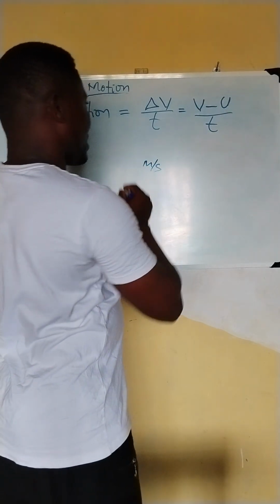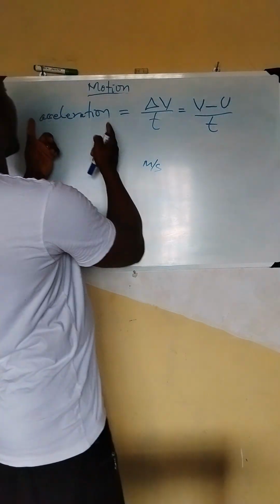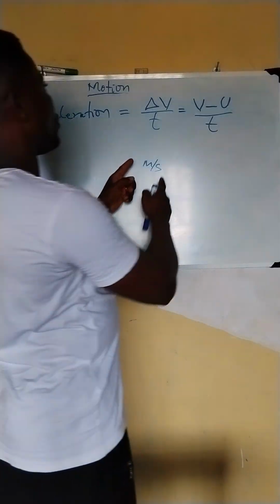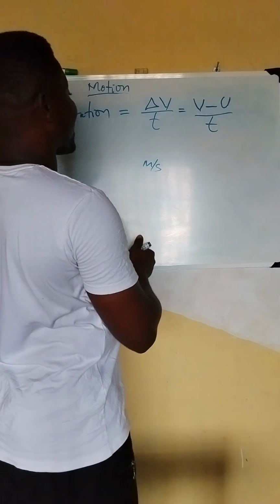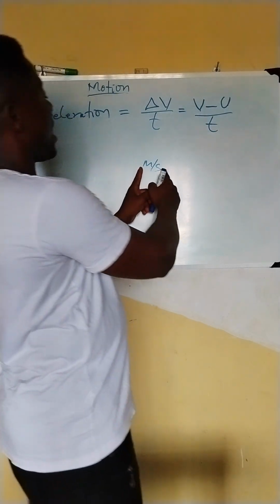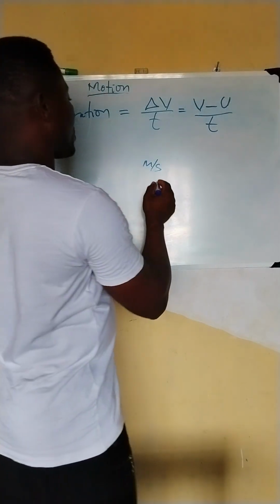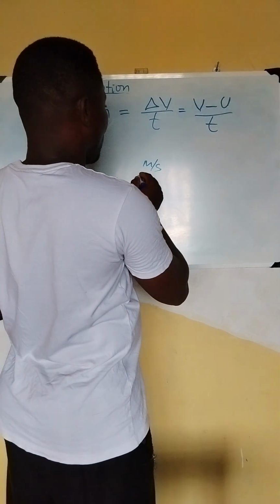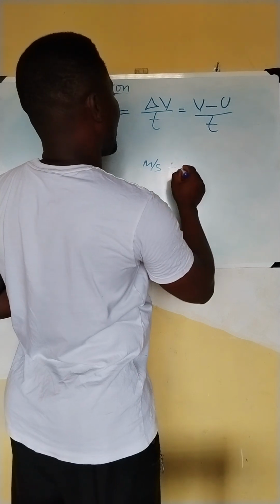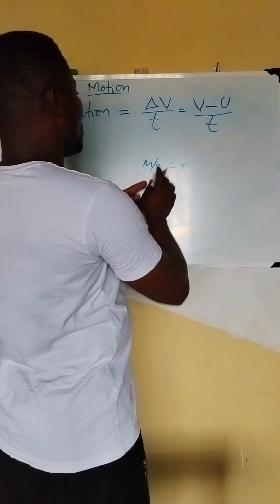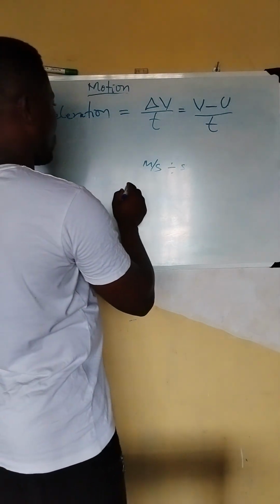Meters per second. Now, for you to know the unit of acceleration, since you know that it's change in velocity all over time, and you have the unit of velocity here, but there is time here, you now say, oh, this is all over what? Let me write it this way, divided by second again. So this is the same thing as what?